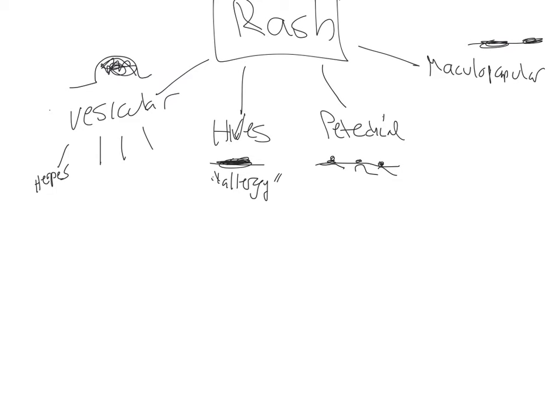We might call that herpes simplex, either cold sores or genital herpes presentations. Over here, we're going to put VZV, which, yes, is, of course, a herpes virus, but I'm just, for some reason, putting it in a different category tonight. This would be your chickenpox rash and your shingles.